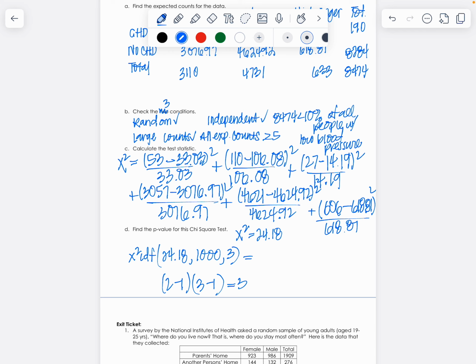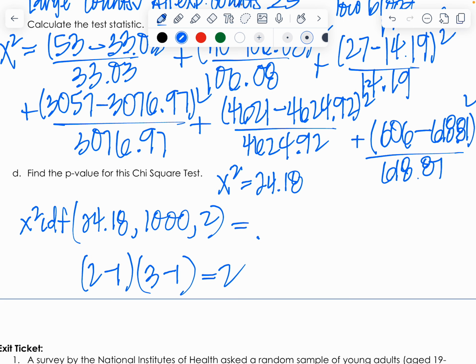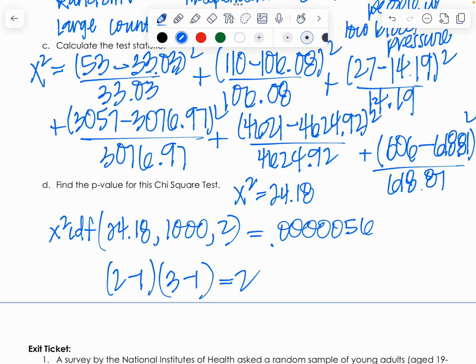Oh no, equals 2. What am I thinking? Okay, this is a scientific notation number. Remember, 5.61 times 10 to the negative 6 would be 5 zeros. 5, 6. And there we go.